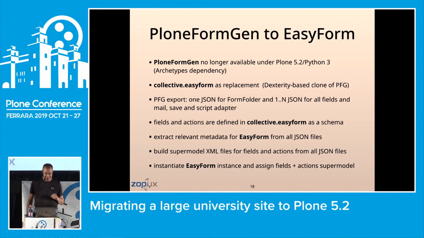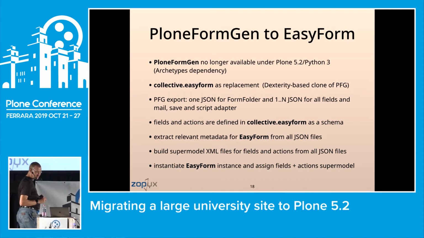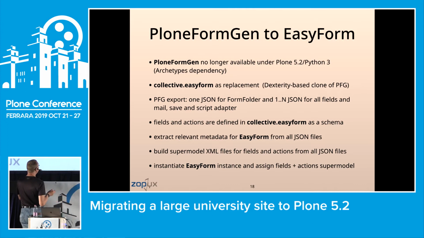The migration is a bit fancy because the export of a Plone FormGen form folder creates one JSON file for the form folder, and then one JSON file for each field, and one for each of the adapters. So we have something like 10 to 50 JSON files for one form folder and its fields. What we do is transform the JSON that we find in these fields to XML.